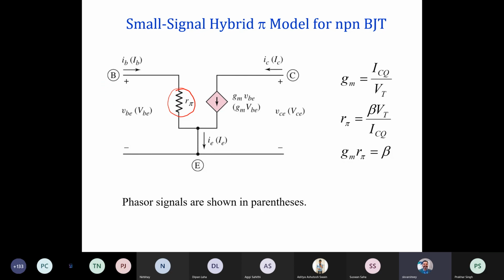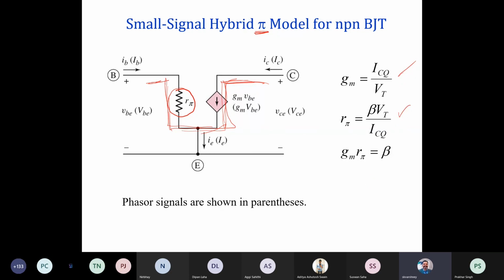Now we keep building up, and you can see this looks something like a pi shape. That's the reason we call this a hybrid pi, a representation mimicking the pi. These are all the AC small signal parameters: transconductance gm and R pi.